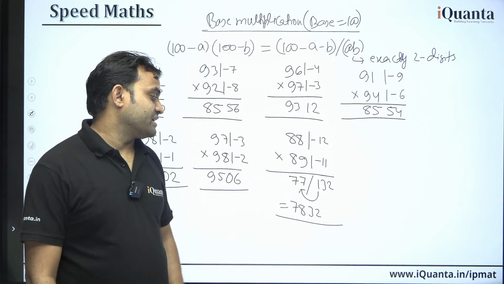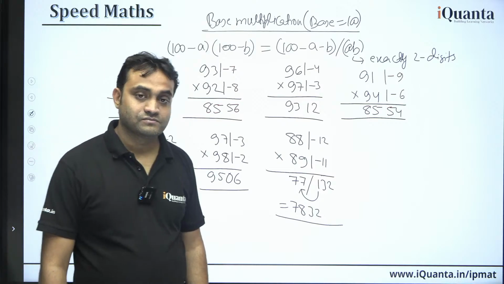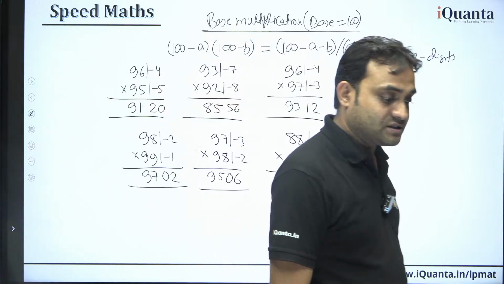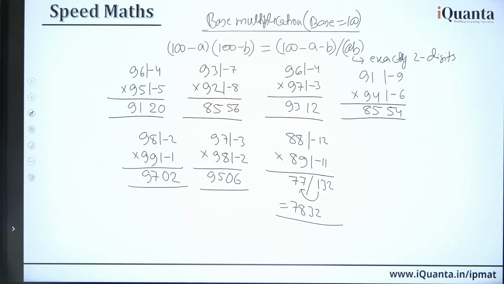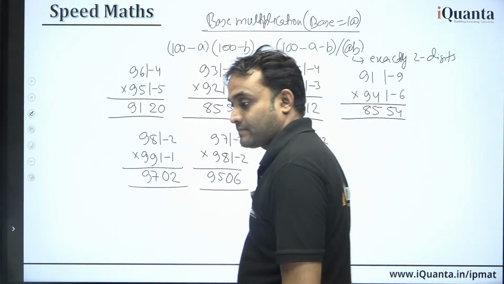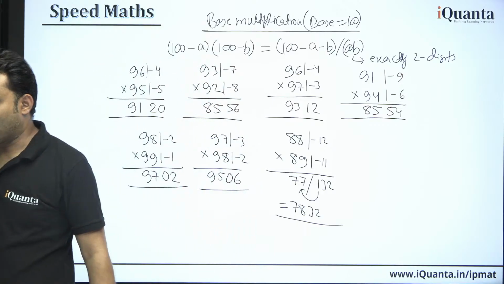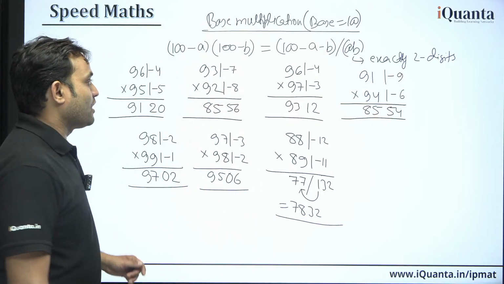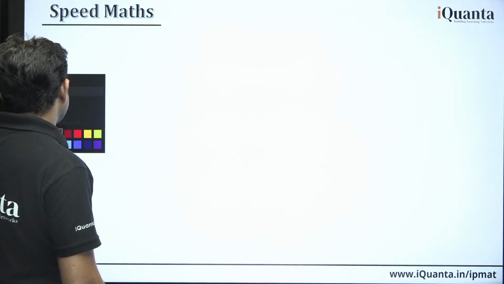You get 7832. Is this method clear to everyone? Tell me. Do you have any doubts here? Okay, no doubts. Now, let's go to the next part.